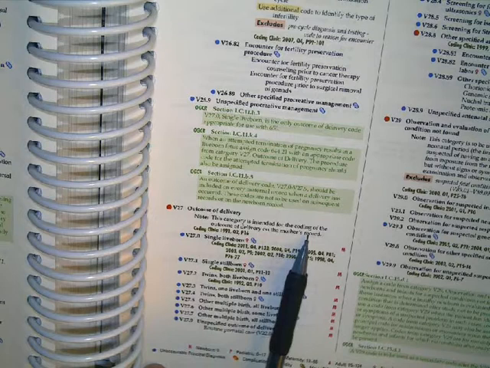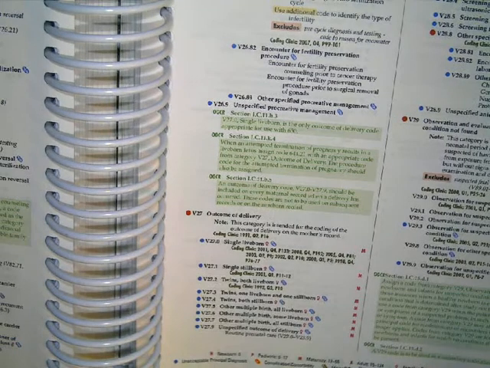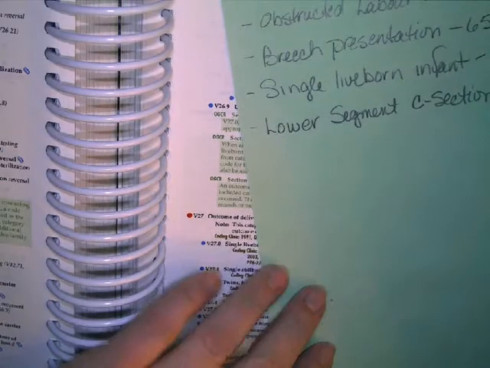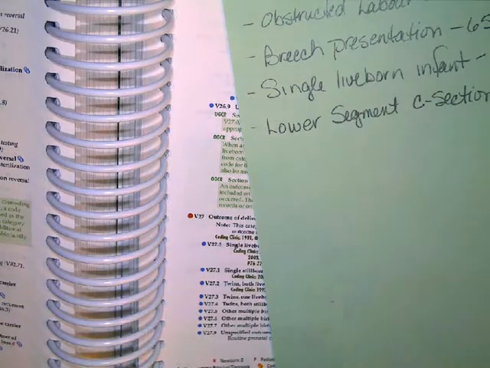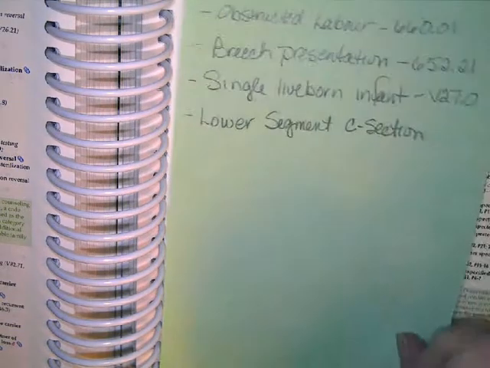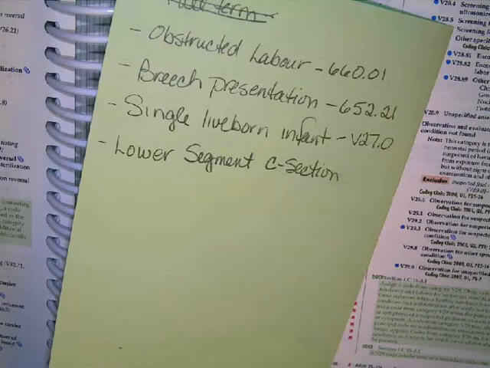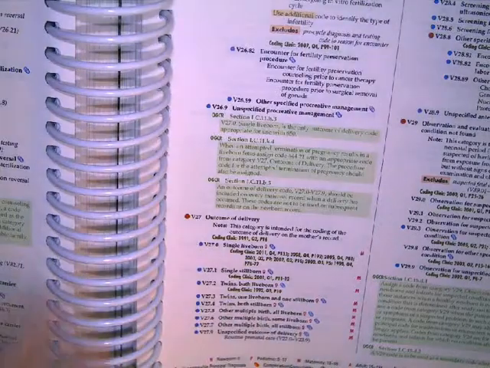Now, do we code the full term? No, we do not code the fact that she's full term. Okay? What do we have to code next? Now we have to code the fact that she had a single live-born infant. Where are we going to look for that? Well, our main term in that is outcome. That is an outcome of delivery.